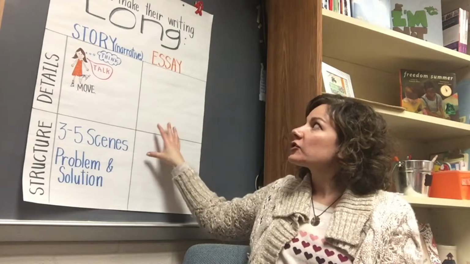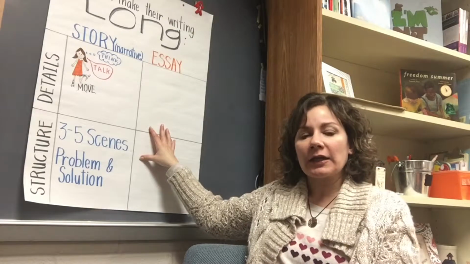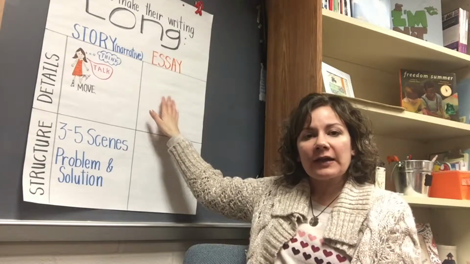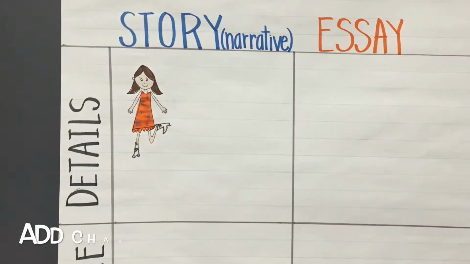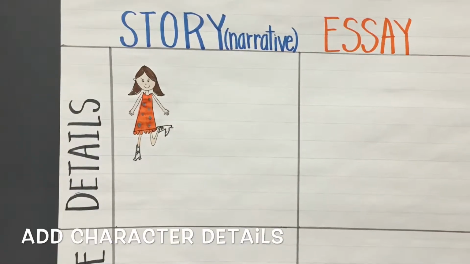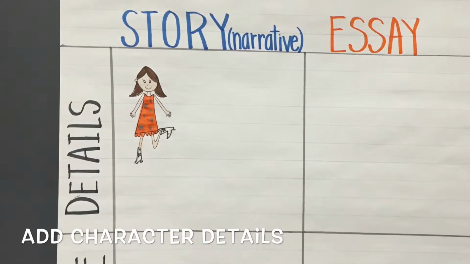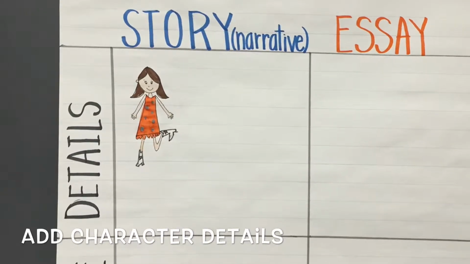On this chart, how writers make their writing long, we'll collect ideas for these two types of writing that you will likely see on a writing test. Today we're going to talk about story or narrative, details, and structure.